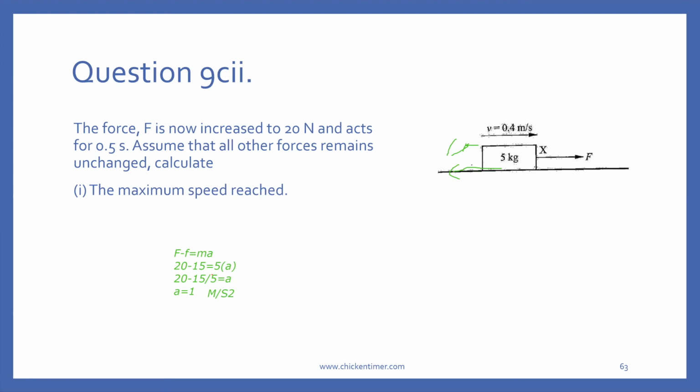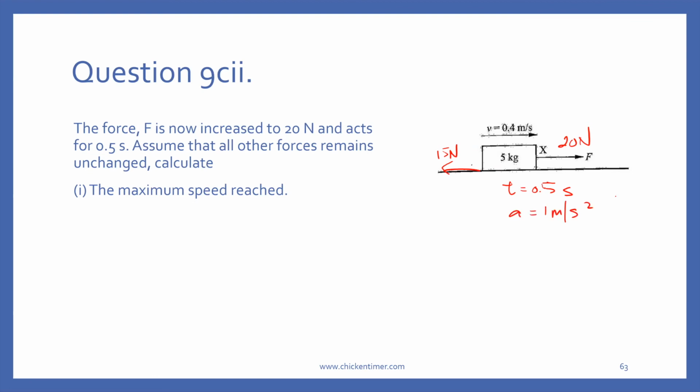So assuming all forces remain unchanged, we have a 15 here, and then we have a 20 here. Then time is 0.5 seconds. Then you are supposed to calculate the maximum speed. Acceleration is 1 meter per second squared.